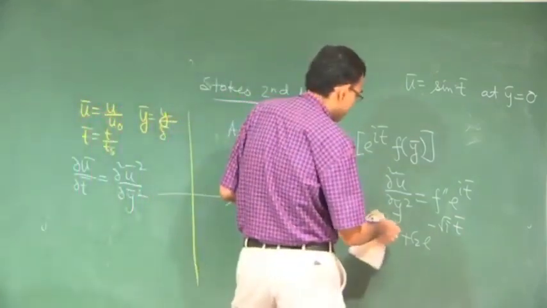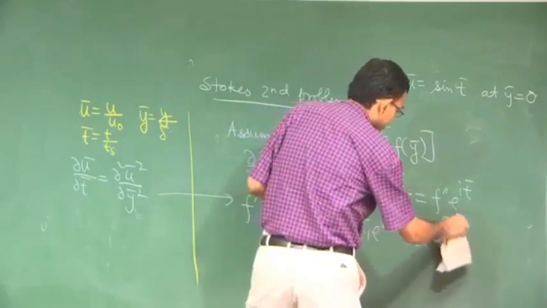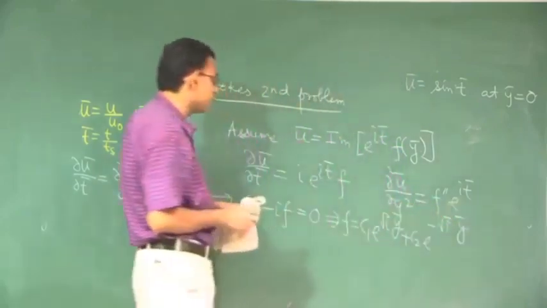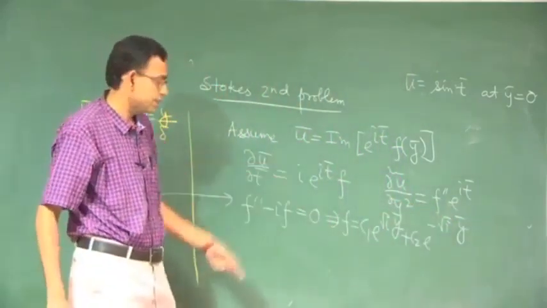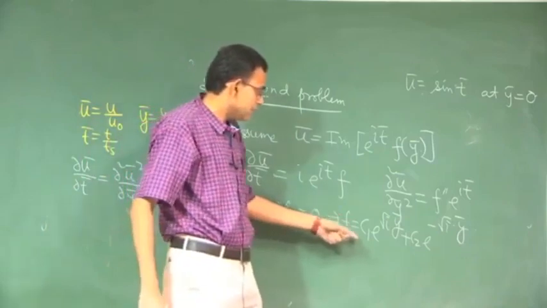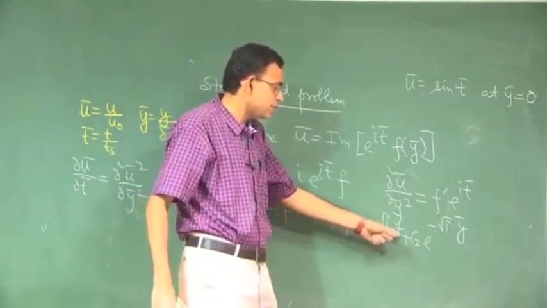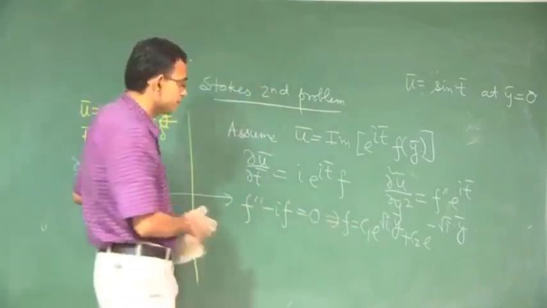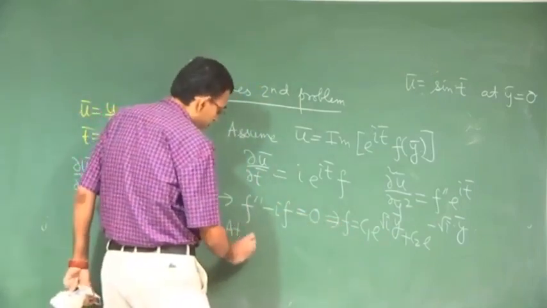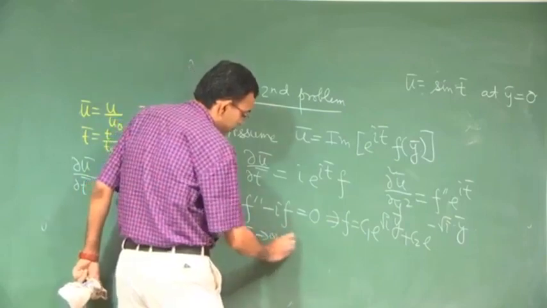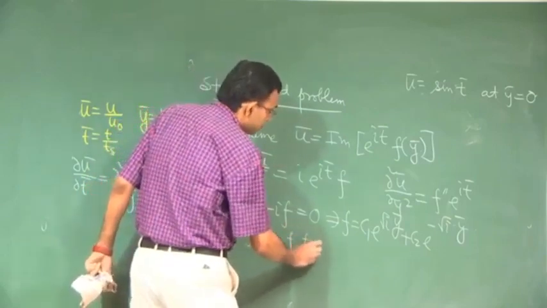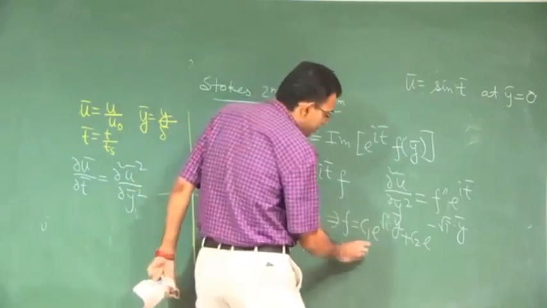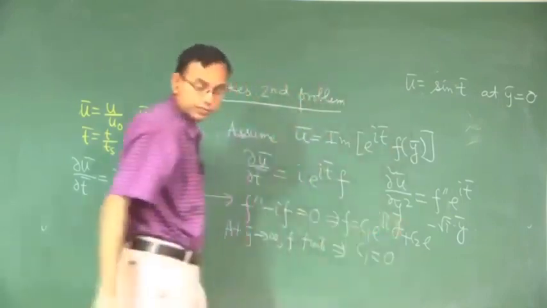The derivative is with respect to y, right. So, if you take that at y tends to infinity, f is finite, then this term should not be there, that means C1 will be equal to 0.